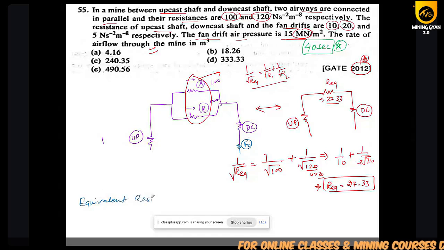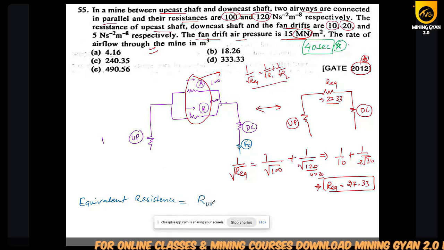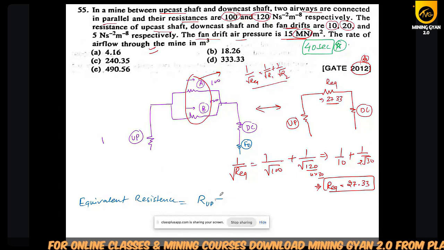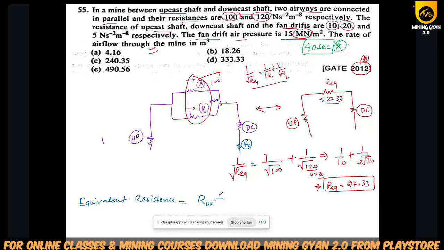If you ask for the equivalent resistance of the whole mine, you will write R of upcast plus R equivalent of this plus R of downcast plus R of fan drift. They are in series, so you can add all of them. Why are we adding all of these values? Because these are in series.